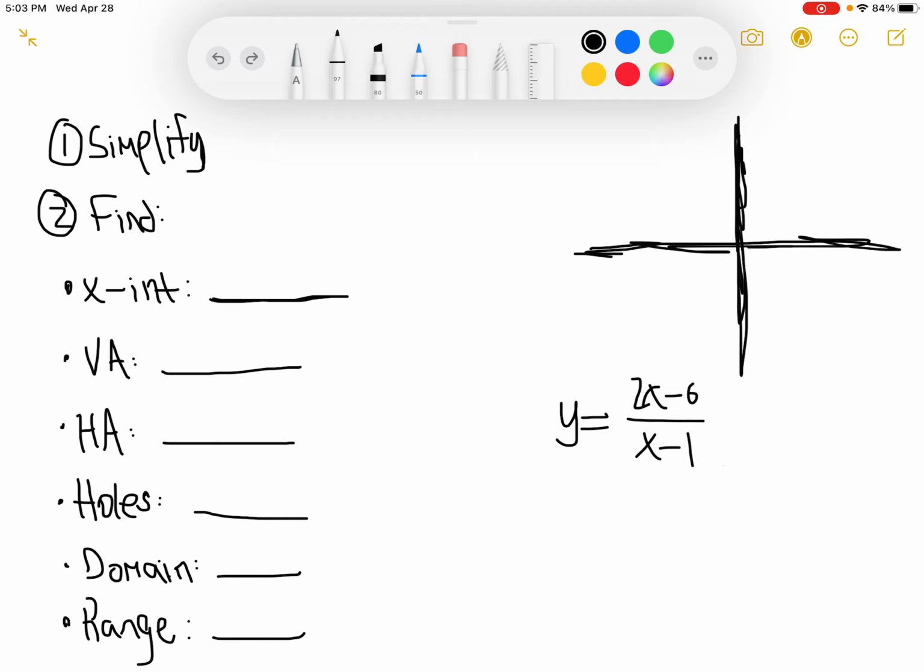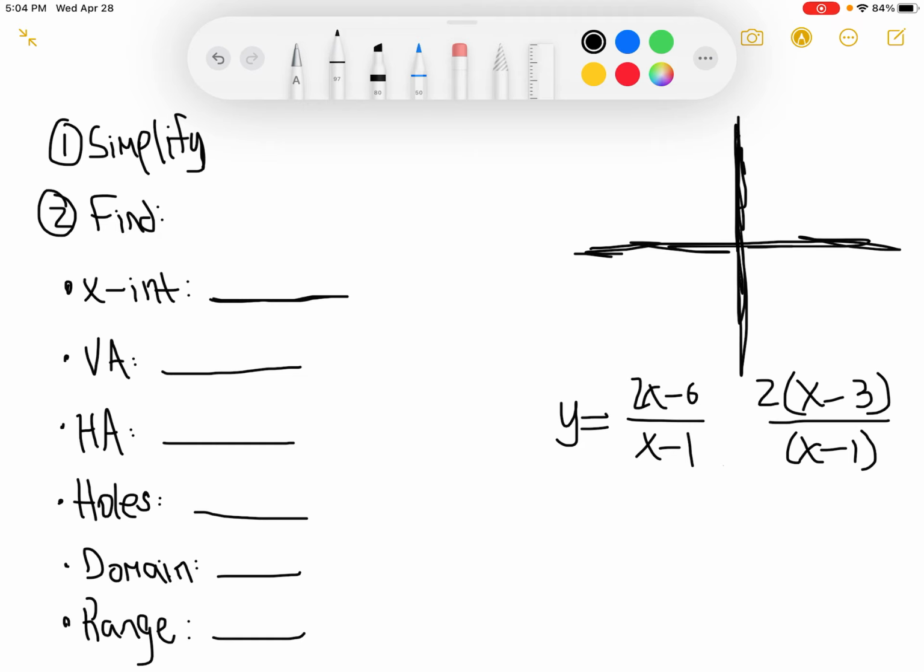We already said that when you're trying to figure out the x-intercept, you need to set the numerator equal to 0. But in this case, we would want to simplify first, and we can simplify by factoring out a 2 to get 2 times (x minus 3), because that multiplies to equal 2x minus 6, and you can't factor x minus 1, so we'll leave that as it is.